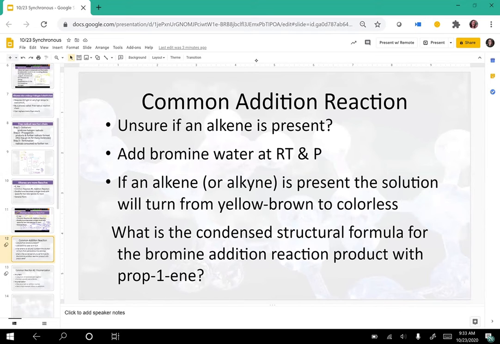Now, if we're trying to figure out if a mixture that we have has alkanes, alkenes, alkynes, whatever the case may be, we put a little sample of it into a little bit of bromine water, and we get that yellowish brown turning to colorless. So it's just a test for us, just a way for us to identify what could potentially be in there.